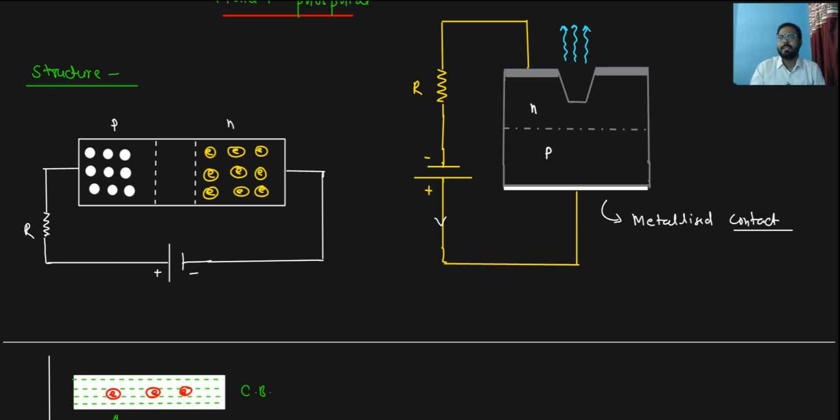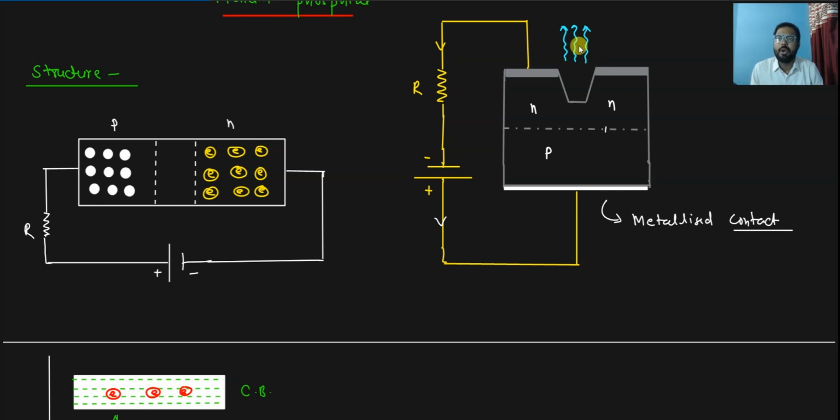Now what happens here? This N is connected to negative, P is connected to positive, so current is moving. It's in forward bias condition, as you can see. There you can see the symbols of the light being emitted from this junction. In this part, the light is coming.